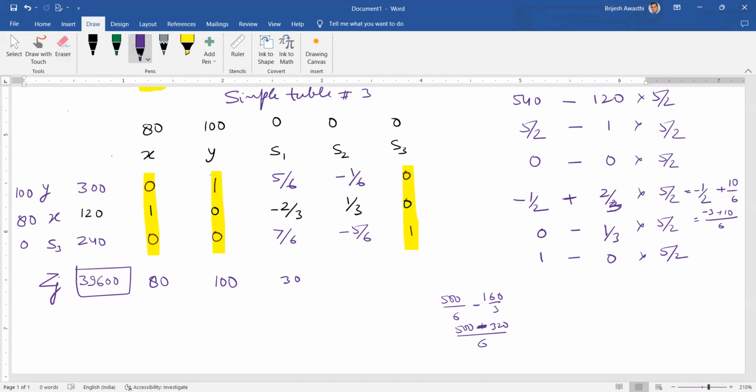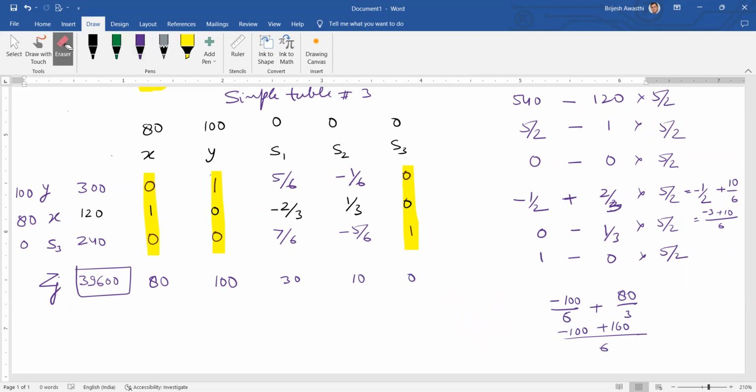And 100 into minus 1 by 6, so minus 100 by 6, right? And 80 into 1 by 3 is what? Minus 80 by 3, not plus 80 by 3, right? So with 6 as LCM, minus 100 plus 160 becomes 60 by 6, that is 10. Right. And it becomes 0.